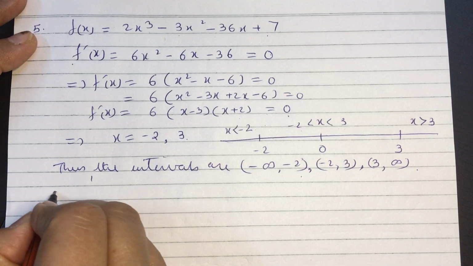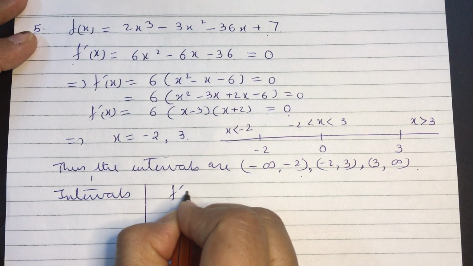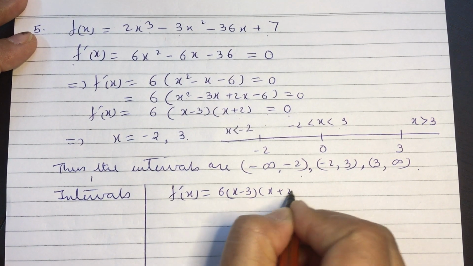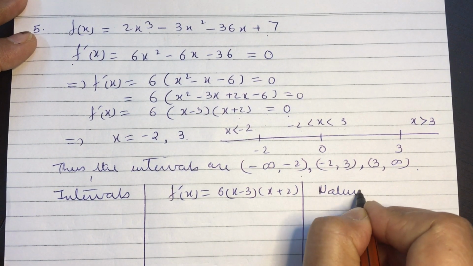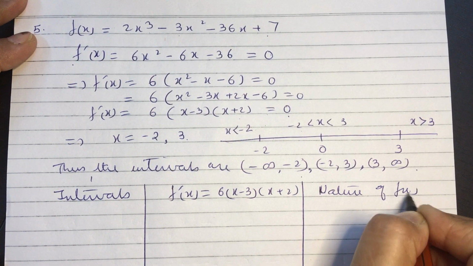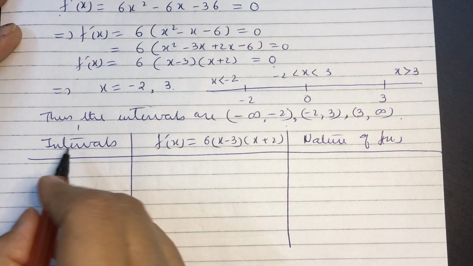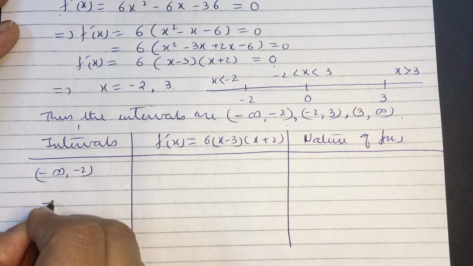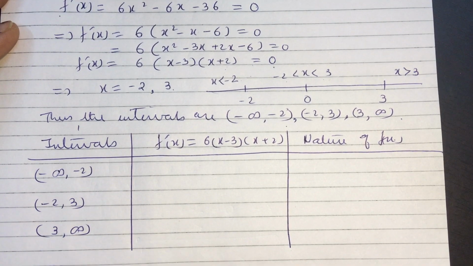So now to analyze it, we again make that table: intervals, then we write f dash x equal to 6 times x minus 3 times x plus 2, and then we write the nature of f x. Then again we first list all the intervals: minus infinity to minus 2, minus 2 to 3, and 3 to infinity.